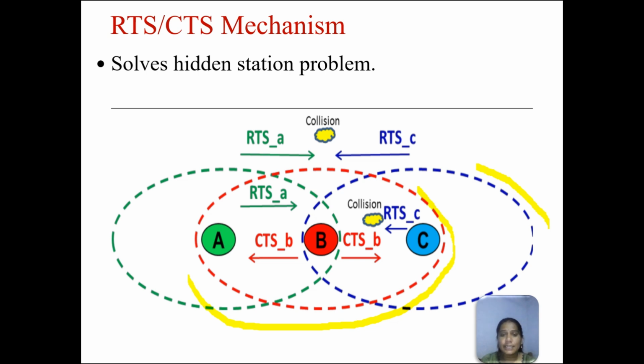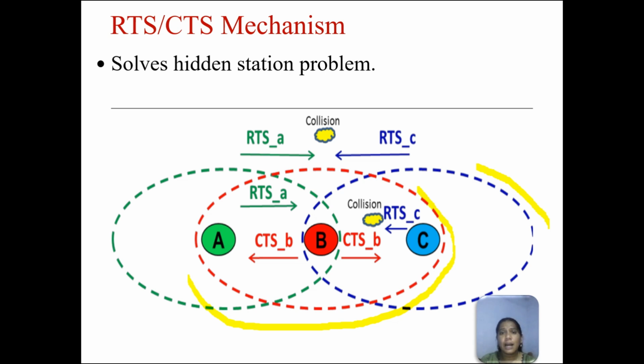From this diagram, we can understand A and B are in communication range. At the same time, C and B are also in communication range. But A and C are not able to hear each other.